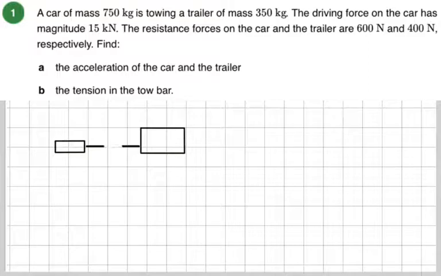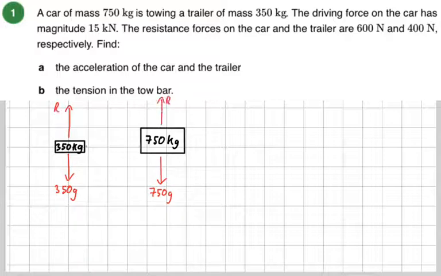Let's get rid of some of this and let's label the objects with their masses, and then let's start drawing some forces acting on these separate objects. The weight is the effect of gravity on the mass of each one, which is just going to be the mass times g.